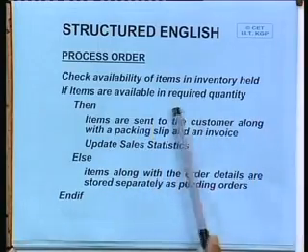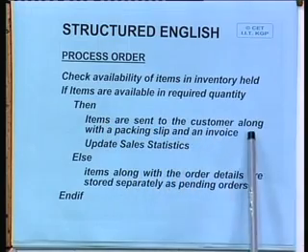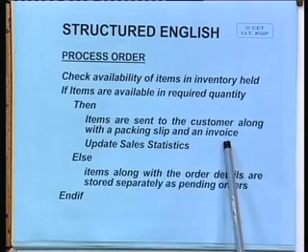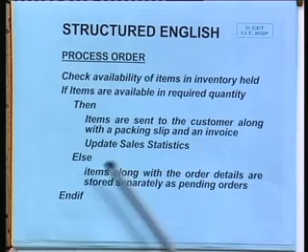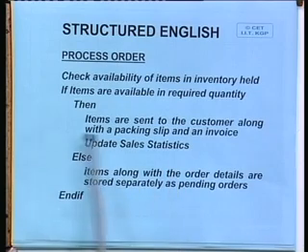If items are available in required quantity, then items are sent to the customer along with a packing slip and invoice, and sales statistics are updated; else items along with the order details are stored separately as pending orders, end if. So, I have simply put the basic English statement, but you can make it a little bit more cryptic and put it in the standard English form.